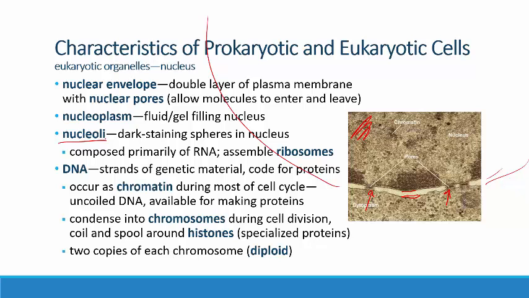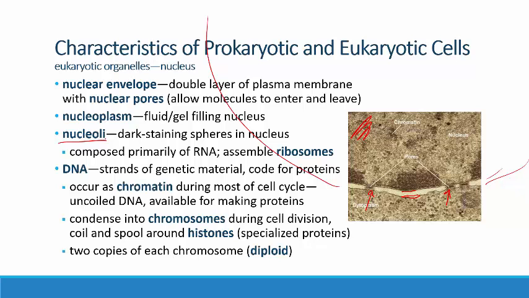And then, kind of spooled out inside of the nucleus is the DNA, the strands of genetic material. And just like in the prokaryotes, it is the code for the proteins that the cell needs to build. For most of its life cycle, the DNA occurs as chromatin, kind of unspooled threads that are just laid out higgledy-piggledy inside of the nucleus.